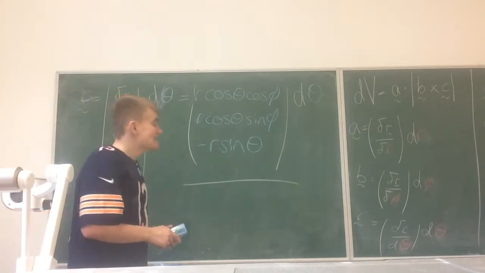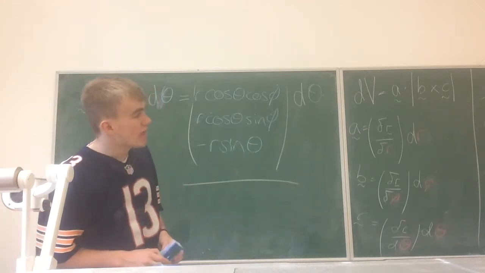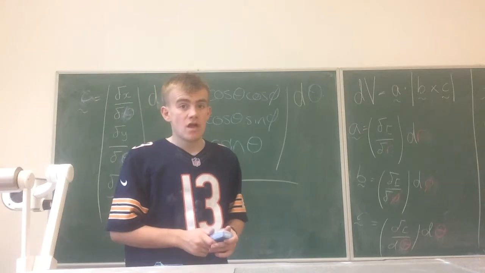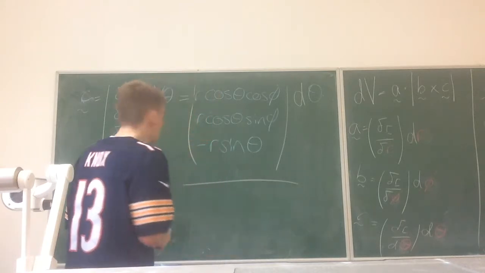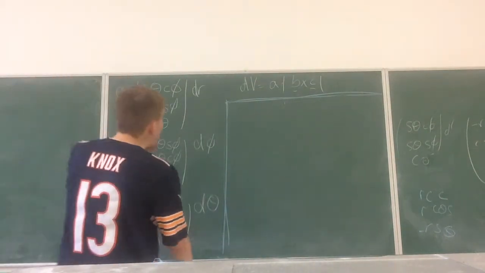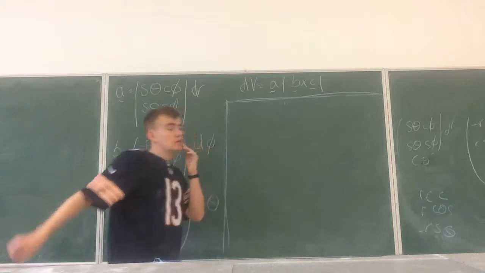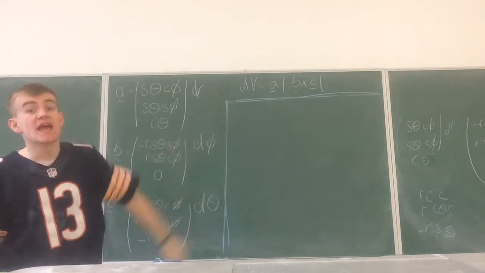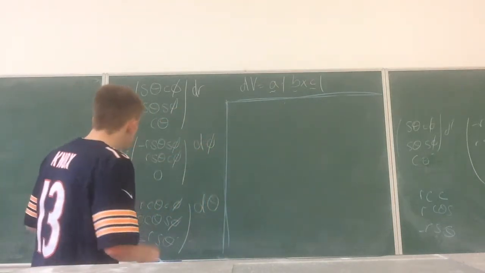We have our three vectors, they're written up over there, we'll nip over there in a sec. All we've got to do is cross B and C, and then dot them with A, and there we should have our dV. Okay, let's pop over there and do that now. Hey, back onto the big board. Right, so we've got dV, and that equals A dot B cross C. Let's do B cross C first, as we should.